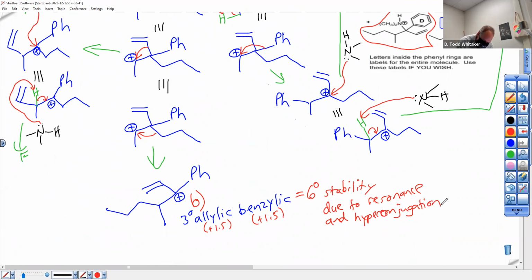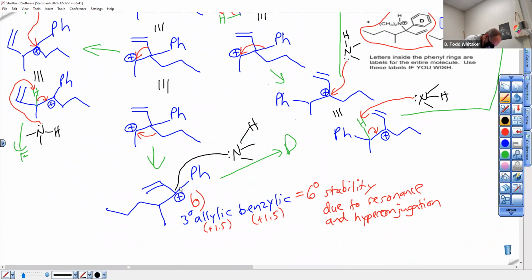And to get to D, same base. It's a nucleophile this time. I need a copy of this cation, and you tell me how to get that last product. Yeah.